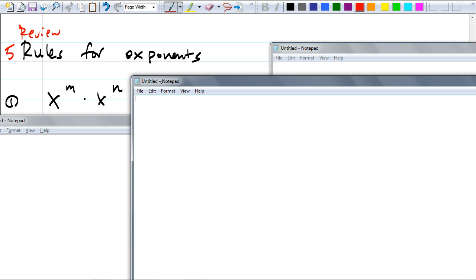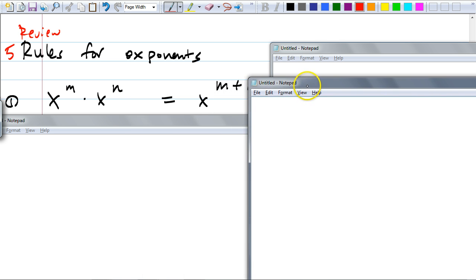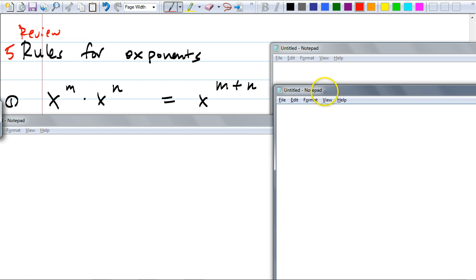How about Brandon? What do we do with the exponents? You add them, correct. So we get x to the n plus n.